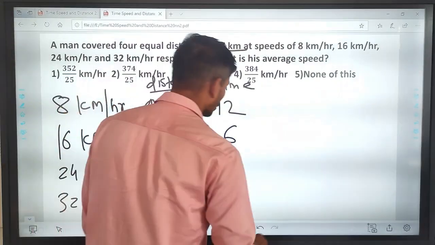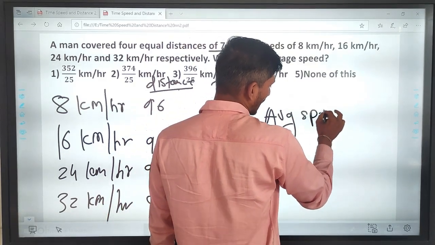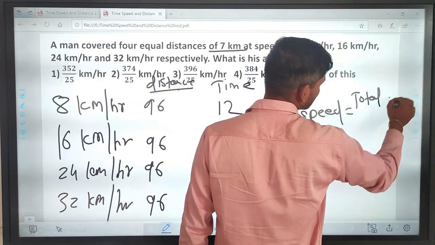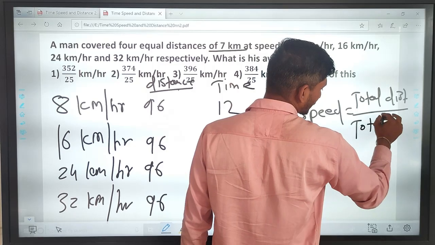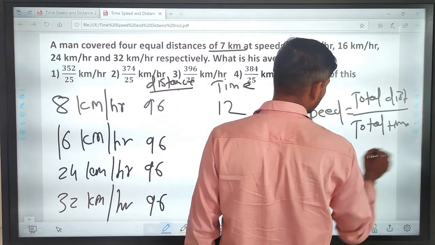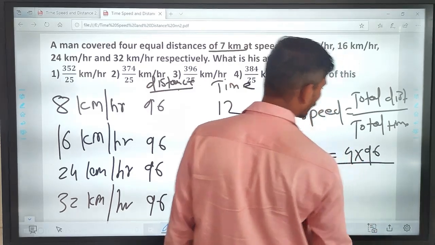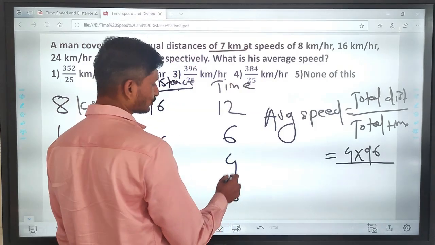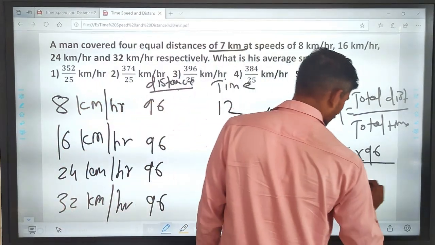Now we find the average speed. Average speed is equal to total distance divided by total time. Here total distance is 4 into 96, and total time is the addition of these: 12 plus 6 is 18, plus 4 is 22, plus 3 is 25.